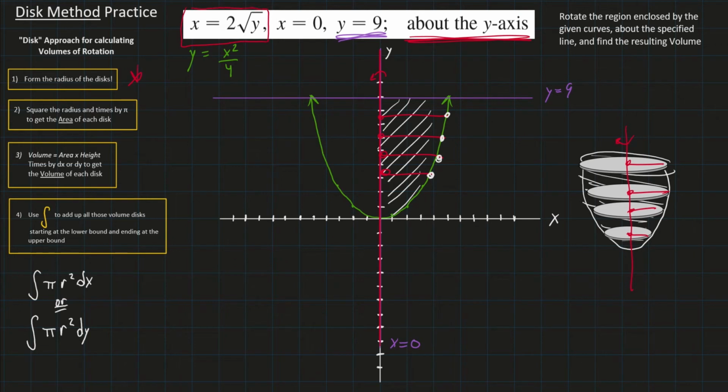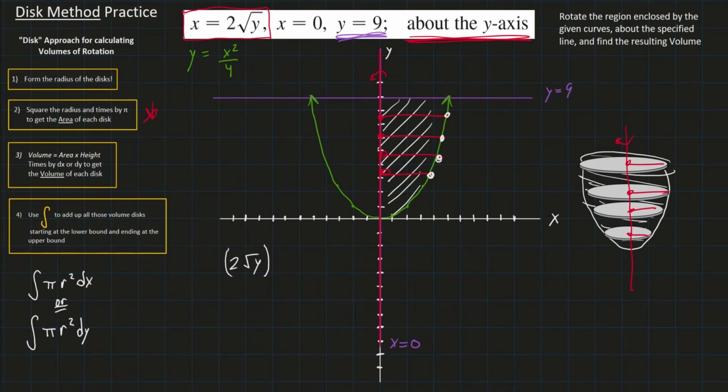That'll be this form of the green curve. I'll be using this equation rather than this one, because the one on top gives me the x's, and I need those x's because those are my disk radii. So 2 radical y. I put in a y, and I get the x of that point, which is the radius of the disk at that y.